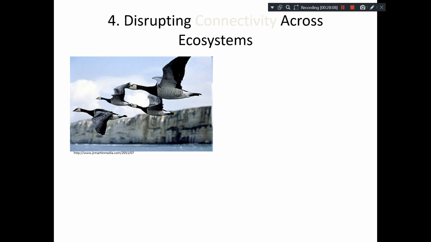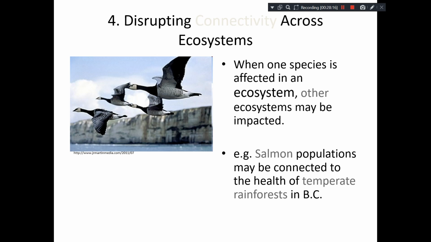Then disrupting the connectivity across the ecosystem is also another problem for loss of biodiversity. To give an example, when one species affects an ecosystem, other species are also impacted.